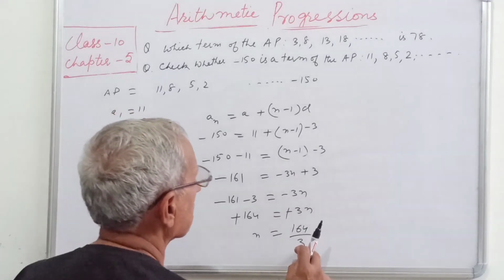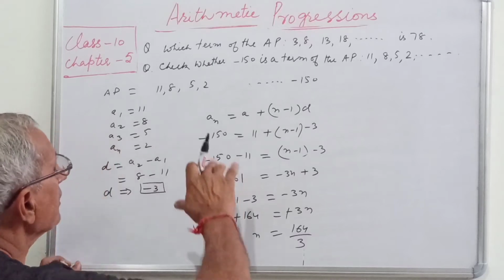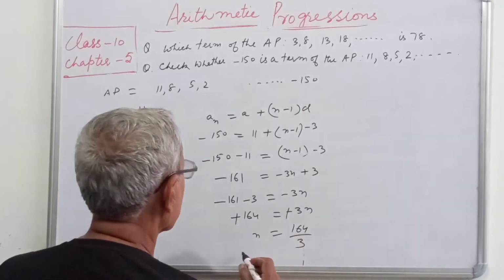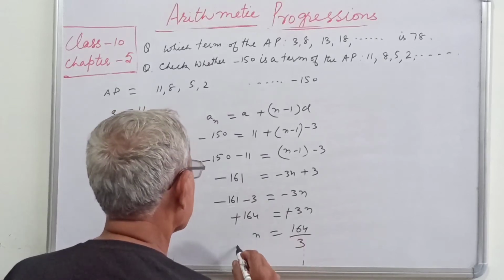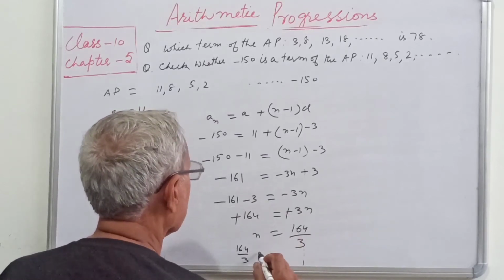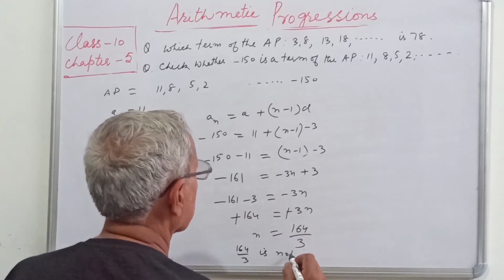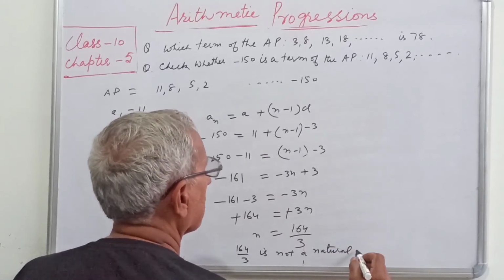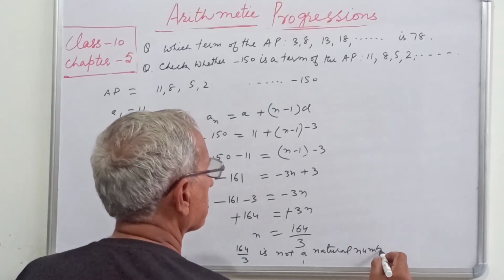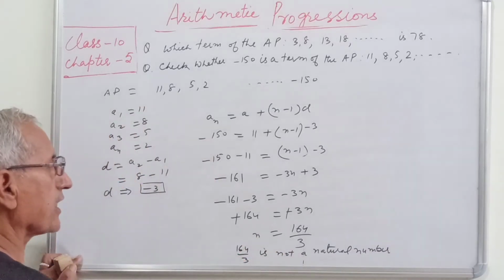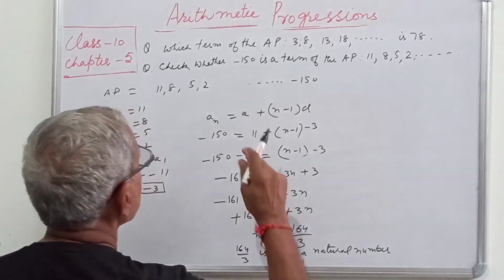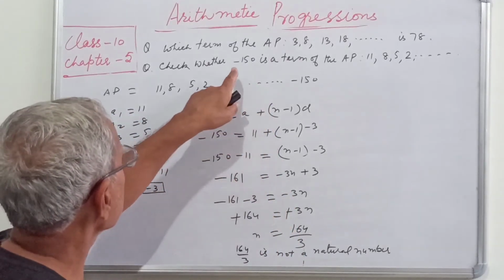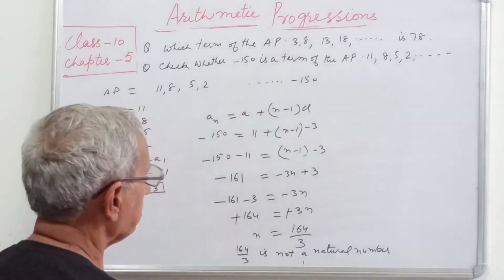It's a fraction. So n here cannot be a fraction. That is not a natural number. So 164 upon 3 is not a natural number. The value of n here cannot be a fraction. So therefore minus 150 is not a term of this given AP.